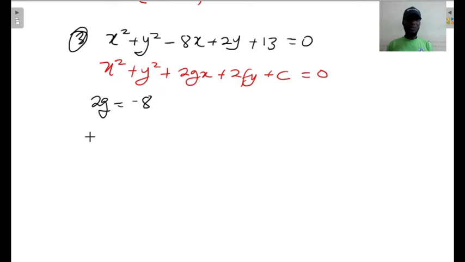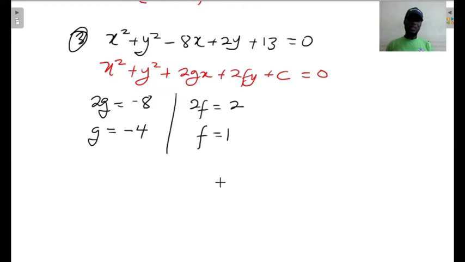By dividing both sides by 2, we have g equal to negative 4. Then as we compare further, for this and this to be equal, 2f must be equal to 2. And when we divide both sides by 2, we have f equal to 1.